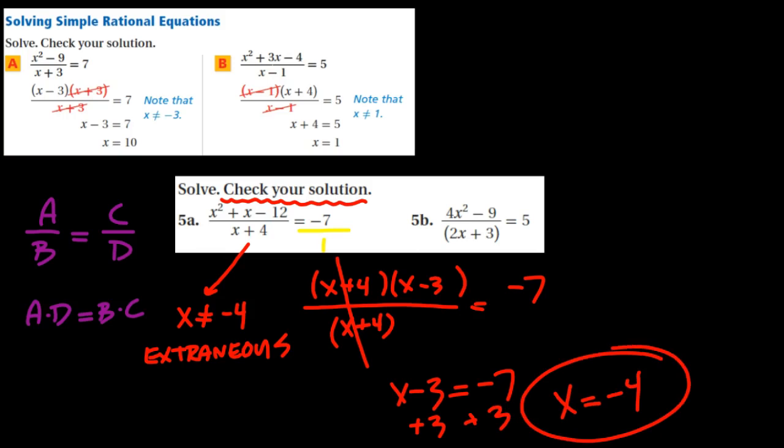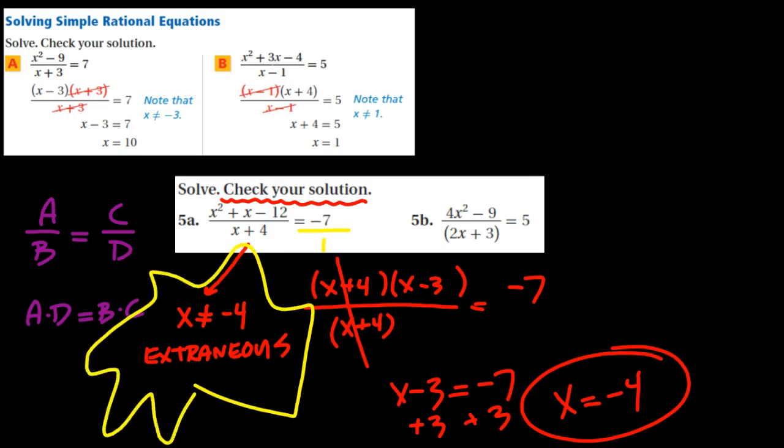And then you're like, yeah, dude, I got the answer. Cool, all right, circle it. But really, bud, you got to check your solution. Don't forget, -4 is extraneous, bud. So it's really not a solution. This is actually a bogus solution. Okay, it's extraneous. So now what is the solution?